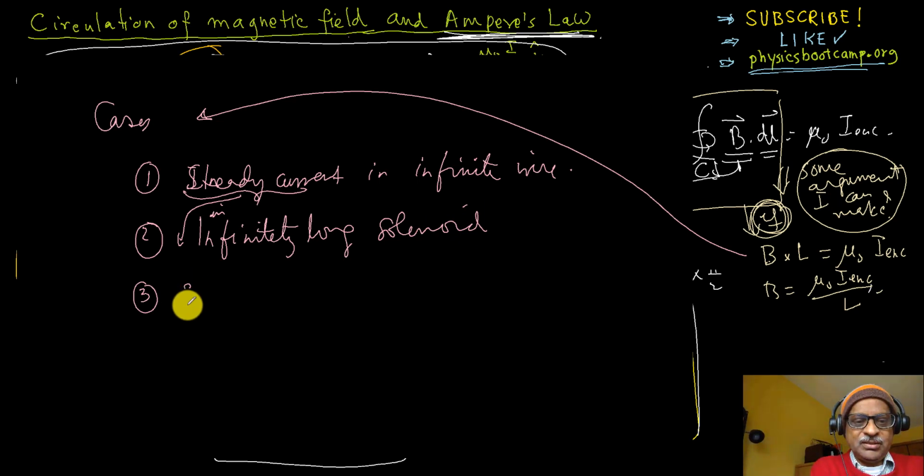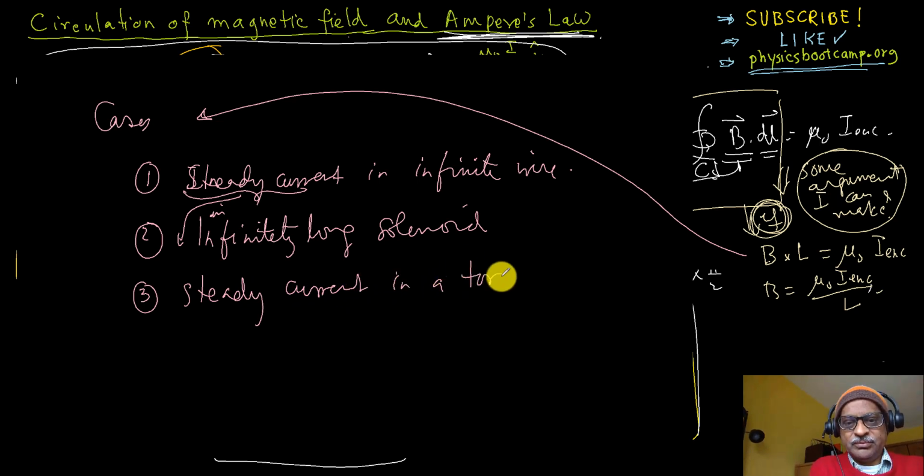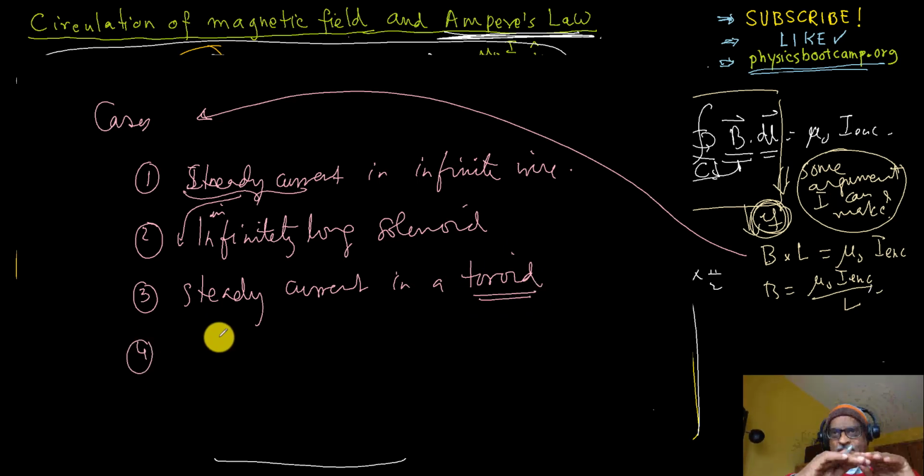Maybe steady current in a toroid. This is an interesting structure. Steady current on a surface of a plate, an infinitely long flat plate.